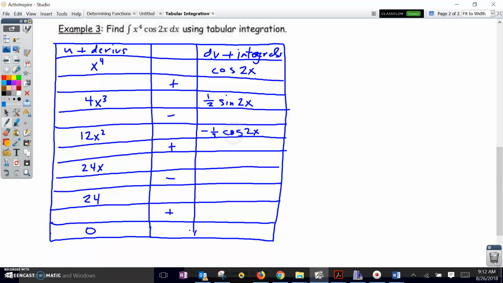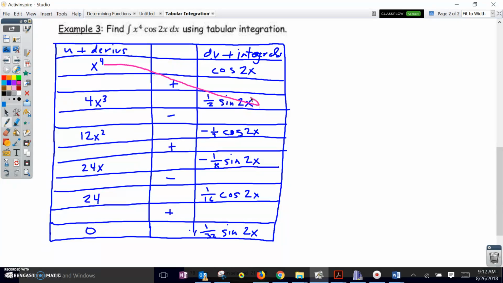And then negative 1/8 sine of 2x. And then positive 1/16 cosine of 2x. And positive 1/32 sine of 2x. Now that I've established my table, it's easy from here.